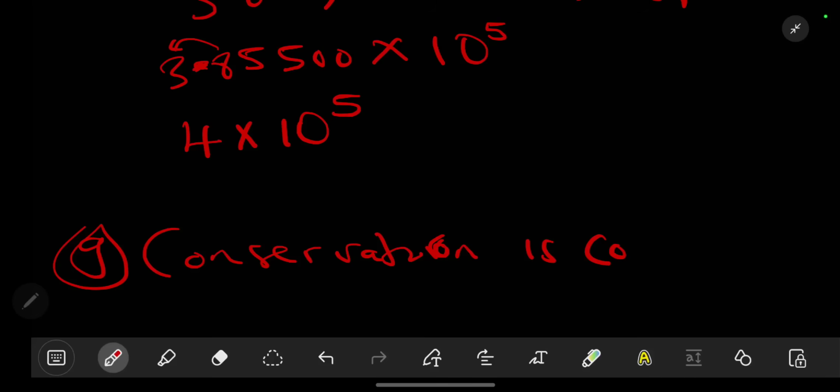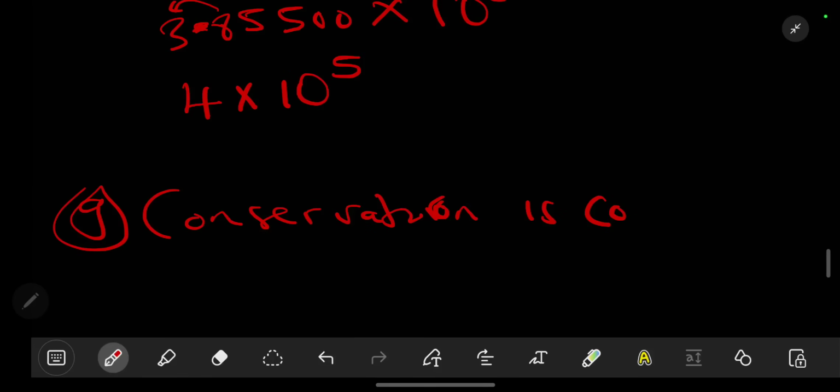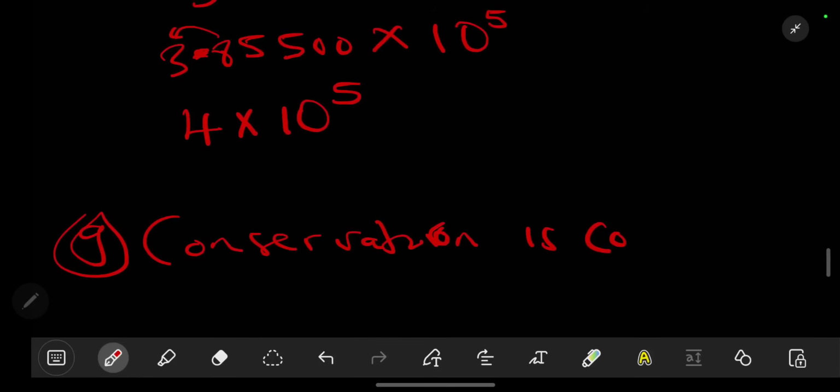That means the amount of mass that you begin with in the reactants is the same as the amount of mass that you end up with in the products, while the law of definite proportion states that for any given compound, no matter its source, there is a fixed ratio by mass.